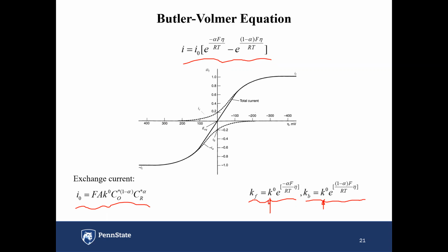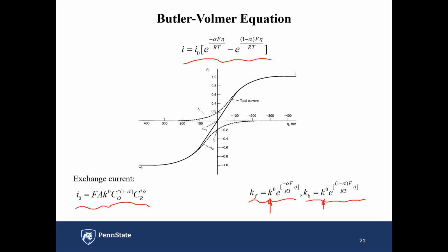By understanding this, we will know that if we have a larger overpotential, we will have a larger current, right? But once we have a limiting current, for example I divided by I limiting, we can achieve some curve like this. And this is the total current.